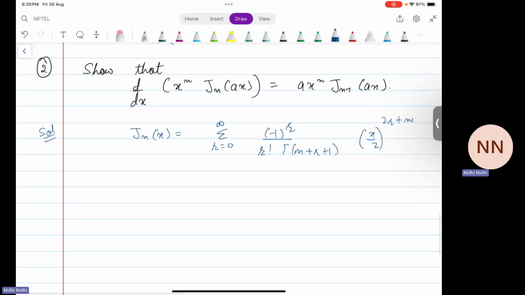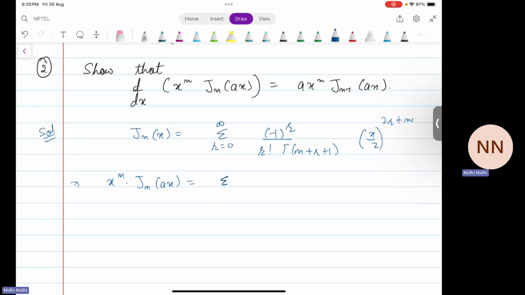This gives us x to the power n times Jn(ax) is equal to, we'll just multiply it with x to the power n and replace x by ax.